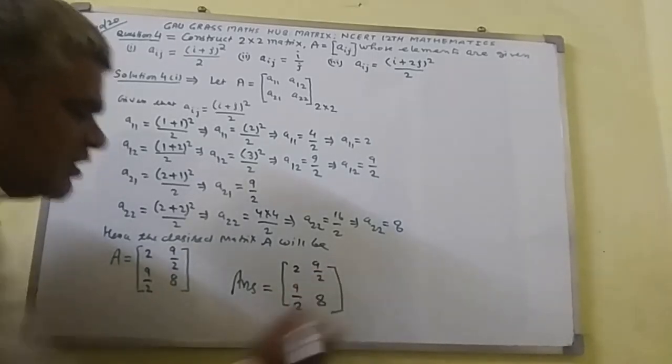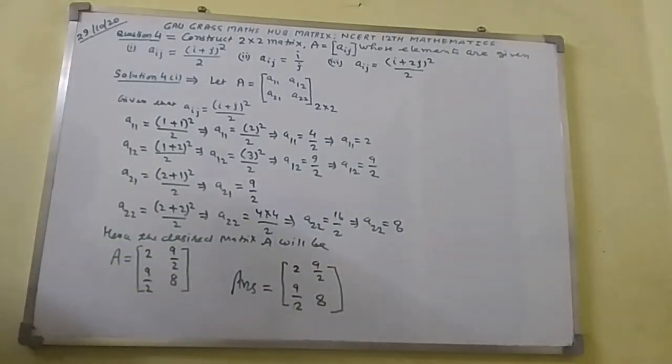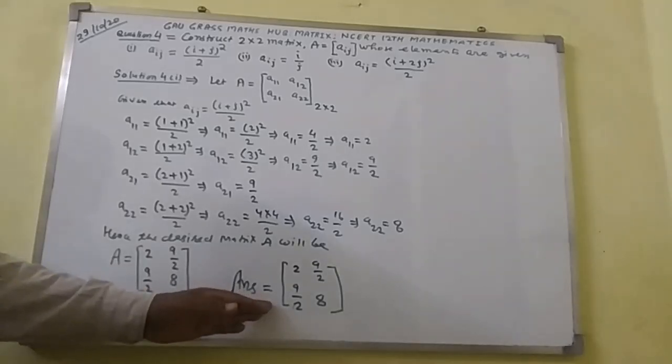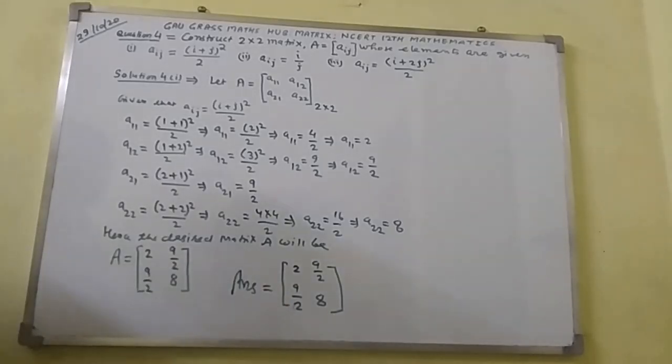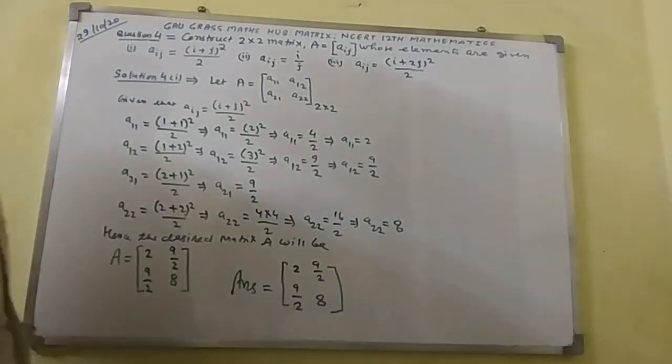So you have got the desired answer. This is the complete solution of question number 4, Roman 1 of chapter 3 Matrix, NCERT 12 Mathematics.